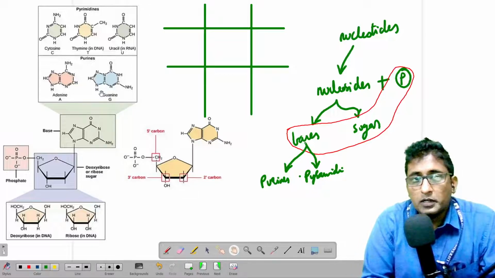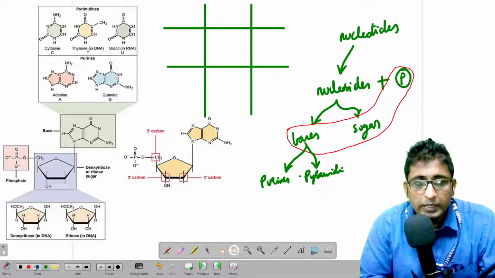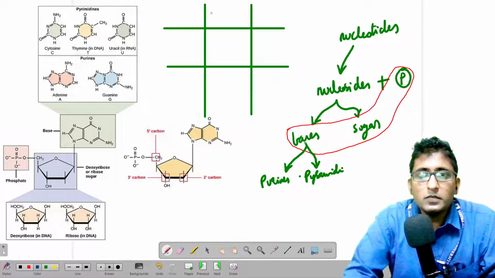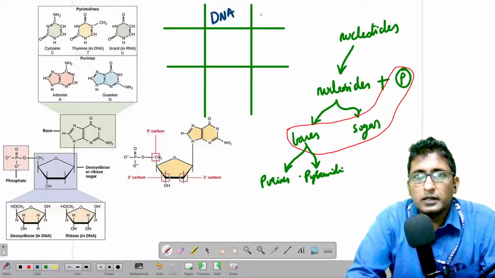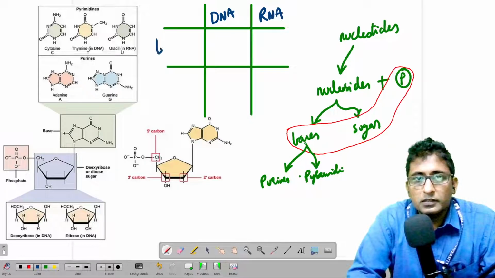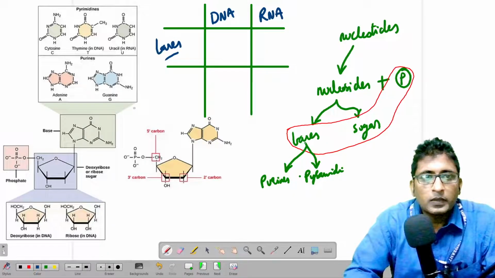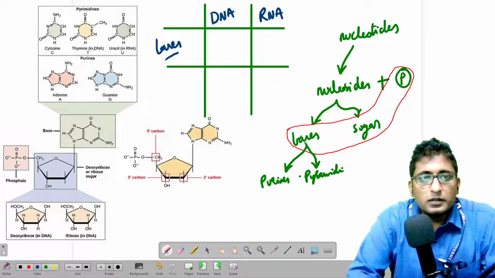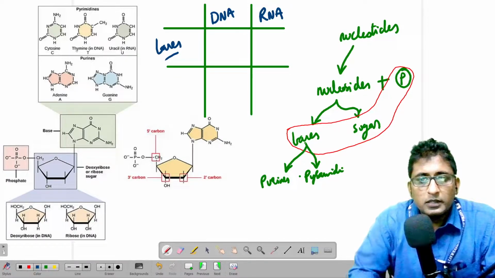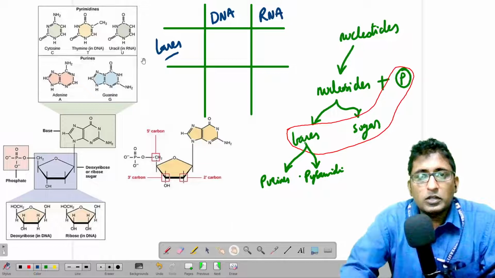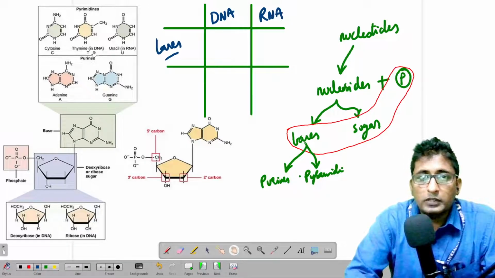Adenine and guanine are present both in DNA as well as RNA. So let's write it here. Say, for example, this is DNA and here is RNA. In terms of bases, what is the chemical difference between DNA and RNA? The difference is that in DNA we have thymine but not uracil, and in RNA we have uracil but not thymine.